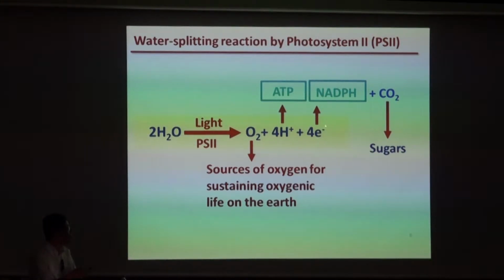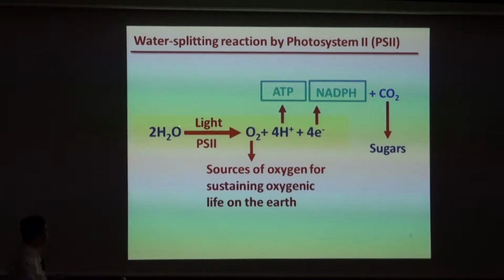And electrons provide the reducing power, which is used to reduce NADP plus into NADPH. These two compounds, ATP and NADPH, provide energy and reducing power to reduce carbon dioxide into sugars. And these sugars are used by animals and humans for survival.